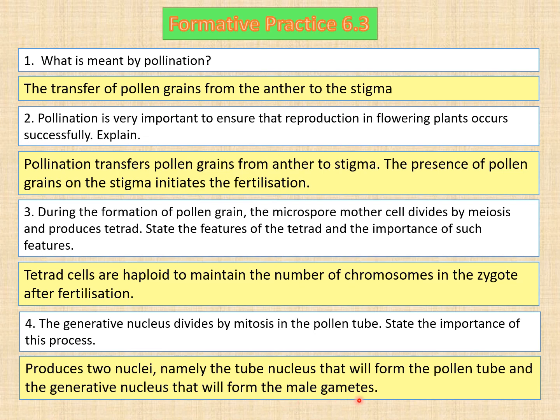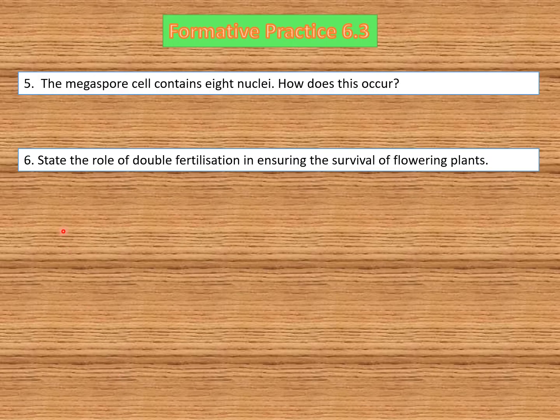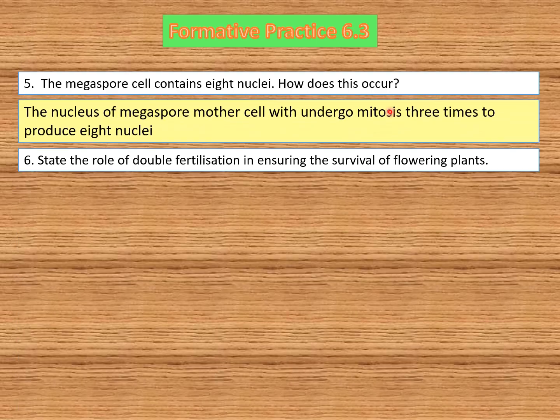Okay, there are two male gametes produced by the process of mitosis in the generative nucleus. Question number 5. The megaspore cell contains 8 nuclei. How does it occur? The nucleus of the megaspore mother cell will undergo mitosis 3 times to produce 8 nuclei.